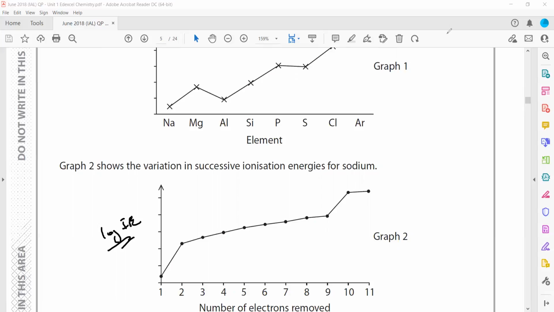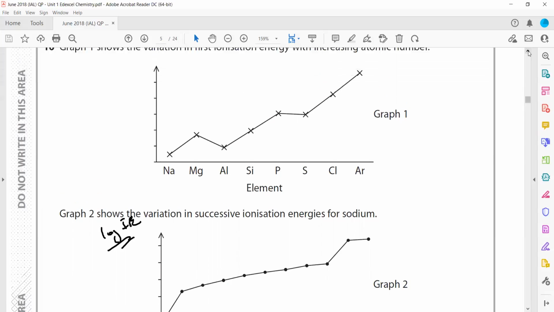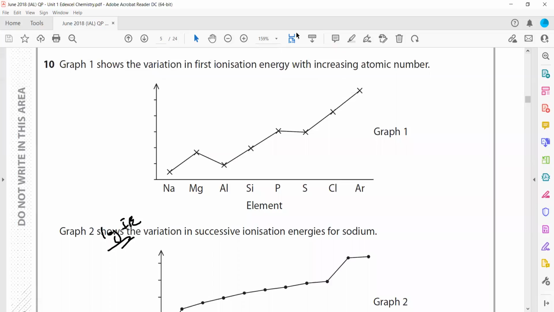But the first one was about the period: if this is 300, this might be 350, this 280, this 400, this 510. Consecutive ionization energies for elements in the same period are of the same order, so it's easy to plot their actual values. For the first graph we take the actual ionization energies, but for the second graph we took the log.